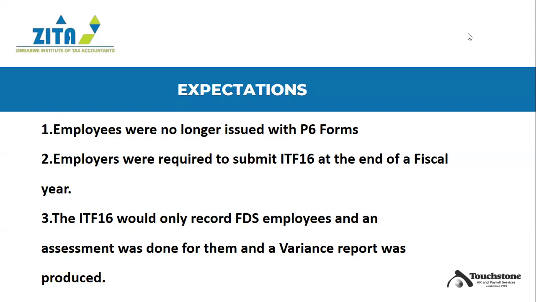And if their tax varied from the tax that we had computed for the whole year, they would produce a variance report. And if the variance was large, they would then inquire as to why we have variances with them. This was done at the end of the year, and we would get this report after submitting our ITF-16 by the 30th of January of every fiscal year.